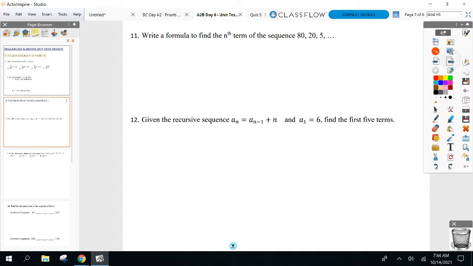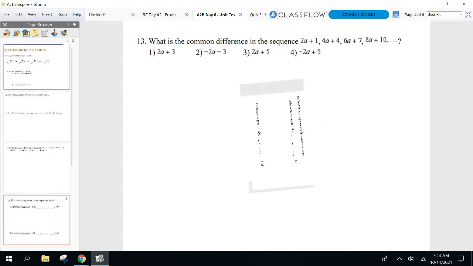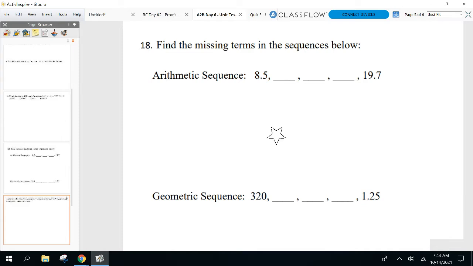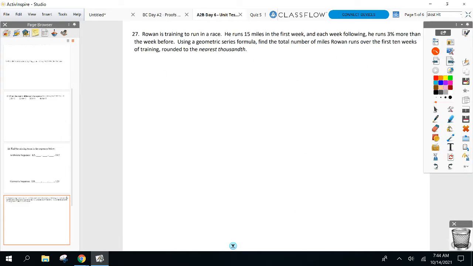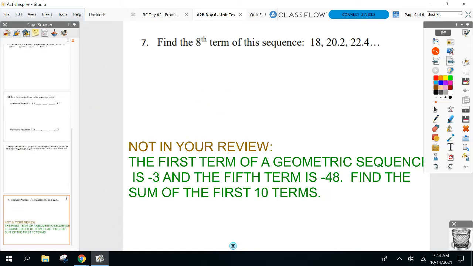So 11 and 12, 13, 18, 27, so go back to 7, problem number 7.